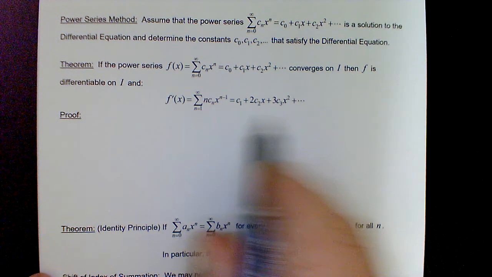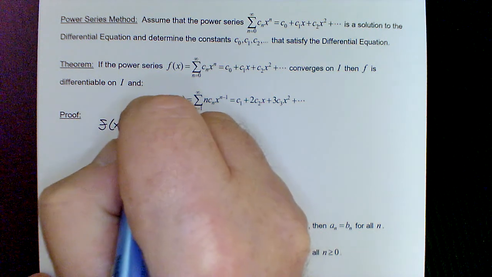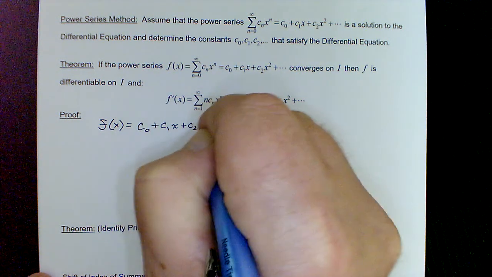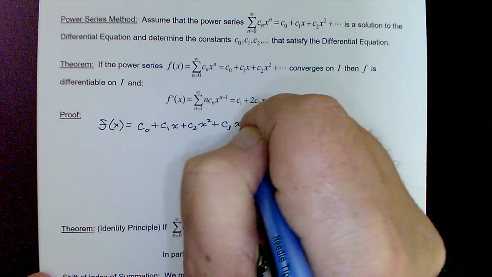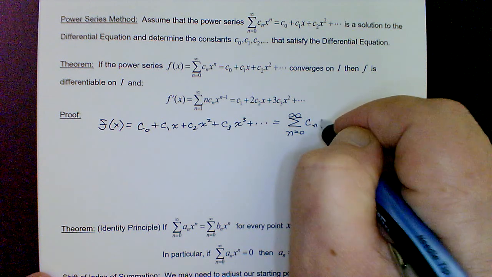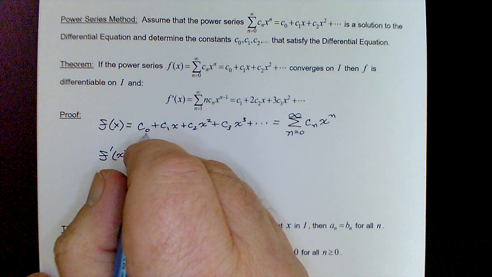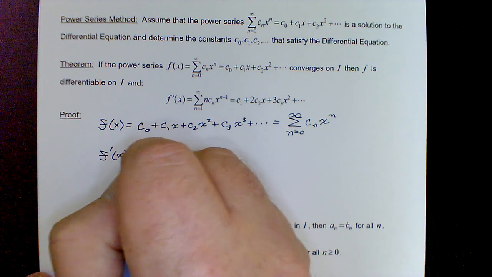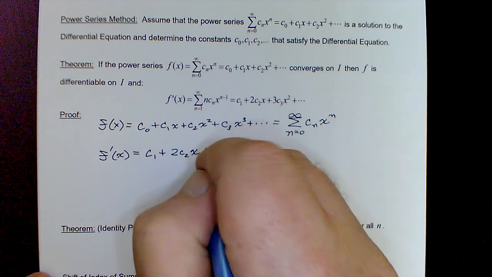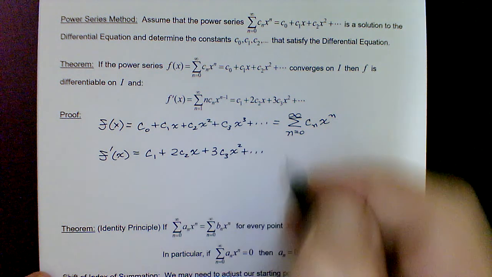Well, here's the proof as to why that's true. If you start with f of x equaling, let's say, c sub 0 plus c1x plus c2 x squared, I'm going to throw another one in there, plus c3 x cubed, and so on, which is the sum as n goes from 0 to infinity of c sub n x to the n, then f prime of x is going to be the derivative of c sub 0, which is 0, the derivative of c1x, which is c1, the derivative of c2 x squared, which is 2c2 x to the first, power 1 less, then swing down the 3, 3c3 x squared, power 1 less, and so on.